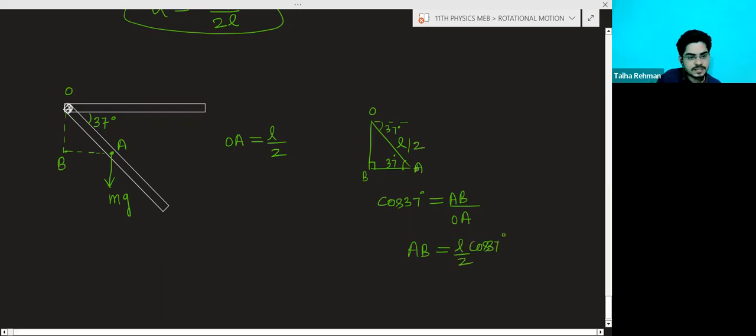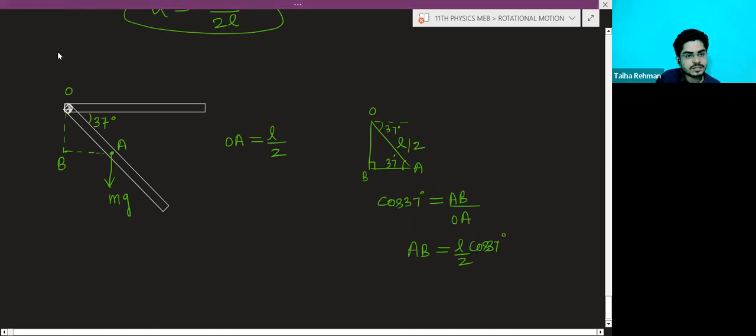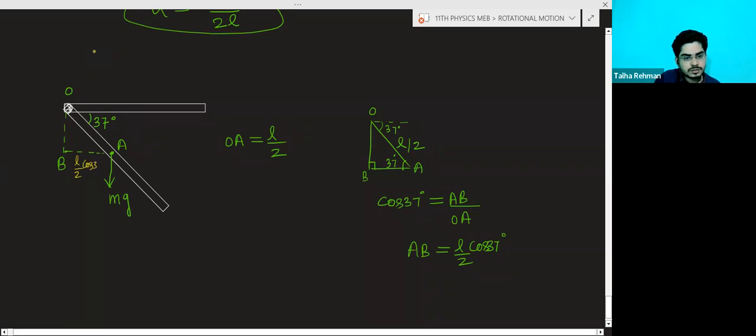So basically this distance AB is L by 2 cos 37.